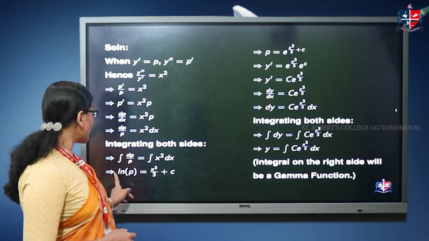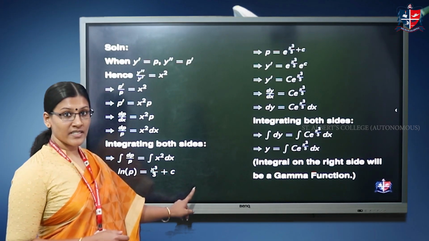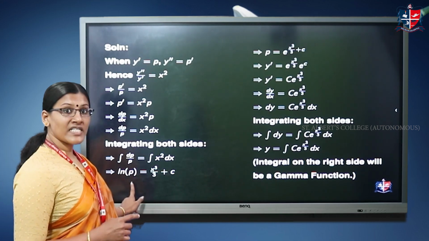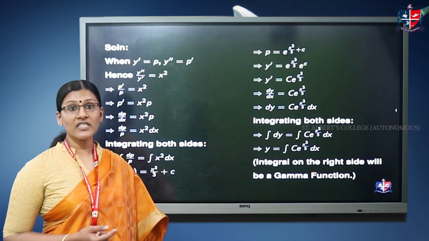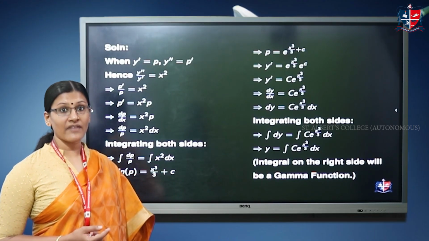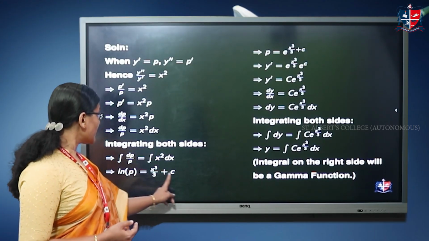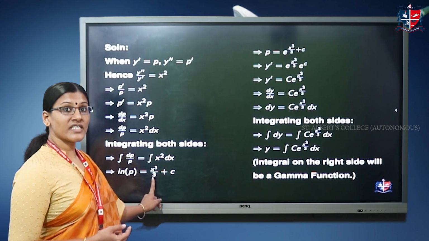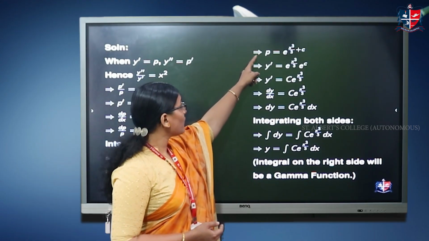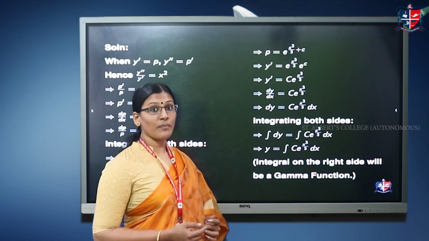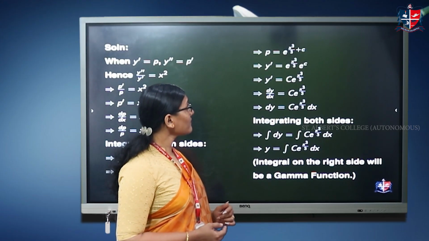We take e raised to both sides. On this side, we get e raised to log p. Since e and log are inverse functions, they cancel and we get p. And on this side, we get e raised to x cube by 3 plus c. That is, p equal to e raised to x cube by 3 plus c.